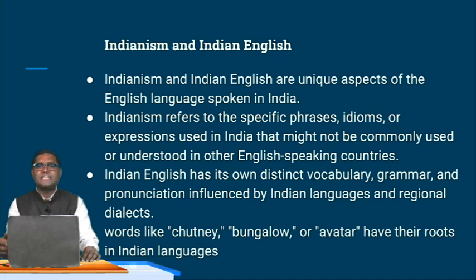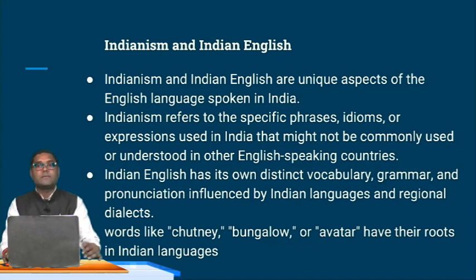So we can easily understand from where the person belongs, from the tone or from the accent the person is speaking English language also. Even if we consider the vocabulary, the words like chutney, bungalow, avatar, they are also having their roots in Indian languages.